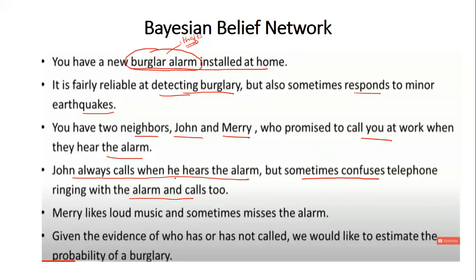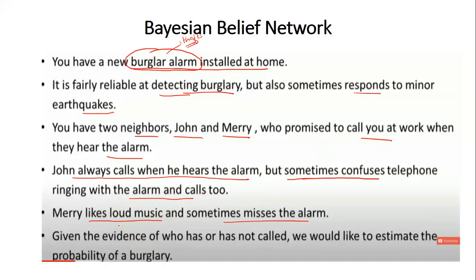So apart from calling for the real alarm, sometimes John will think the telephone ringing is the alarm and he may call for that. And Mary likes loud music, and sometimes she misses the alarm. So Mary used to listen to loud music, and sometimes she misses the alarm, so she may not call. Whenever she hears it she will call, but sometimes she may miss the alarm due to loud music.